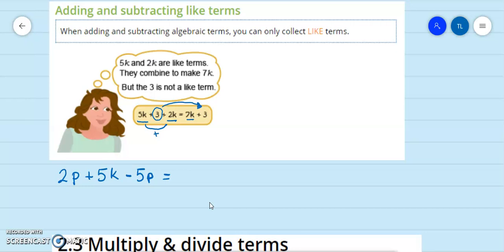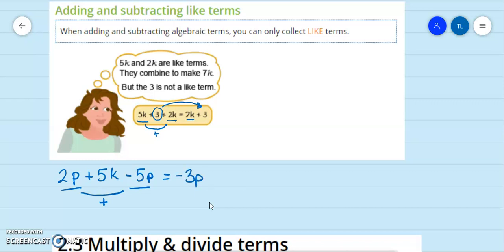Which ones are the like terms? 2p and minus 5p. So we can add them up. 2p minus 5p: we have 2 p and subtract 5 p, so we are going to have minus 3p.